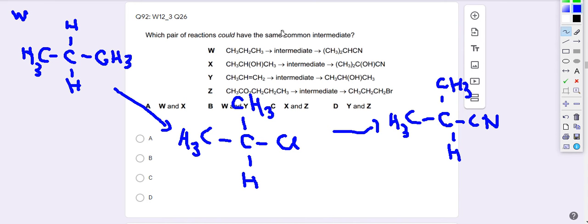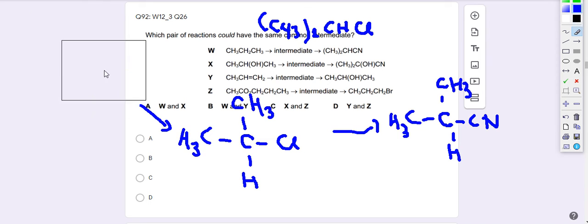So I'm going to put it here. This is CH3, CH2, CH2, Cl. Alright, now I'm going to erase this whole thing, because I'm going to need a lot of space for the next reaction.